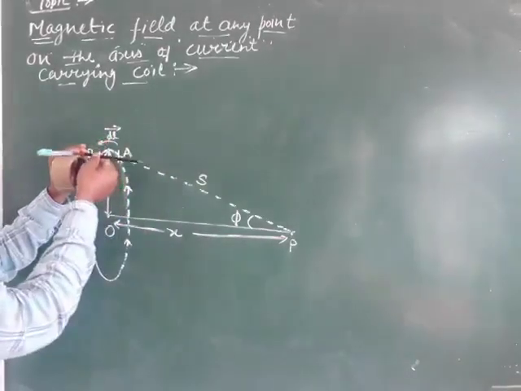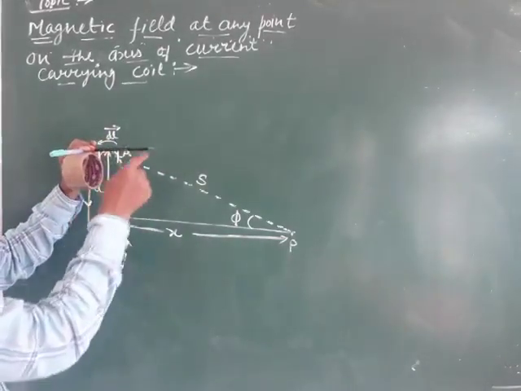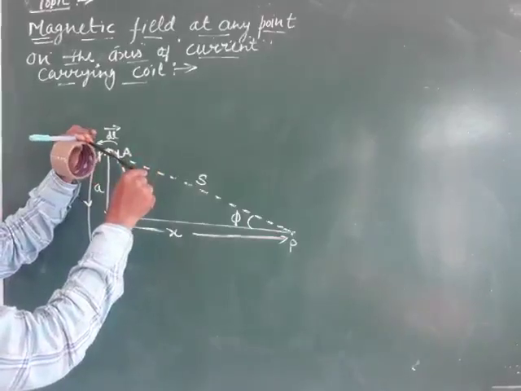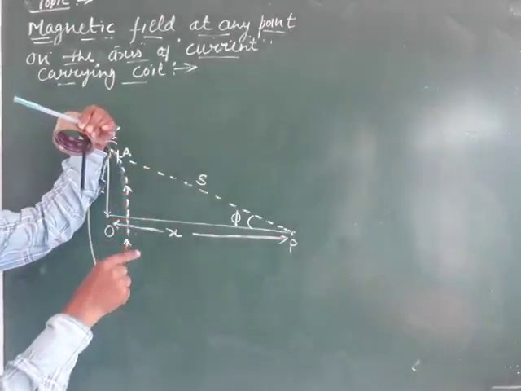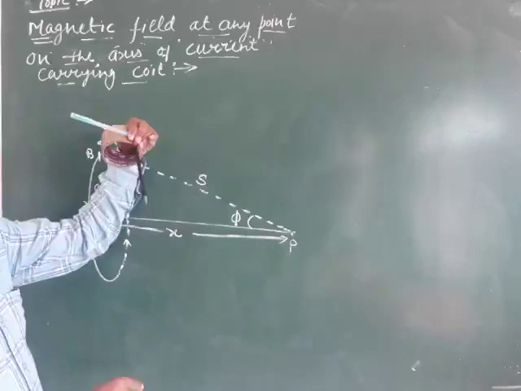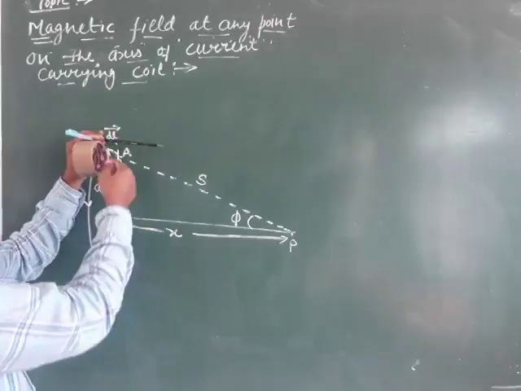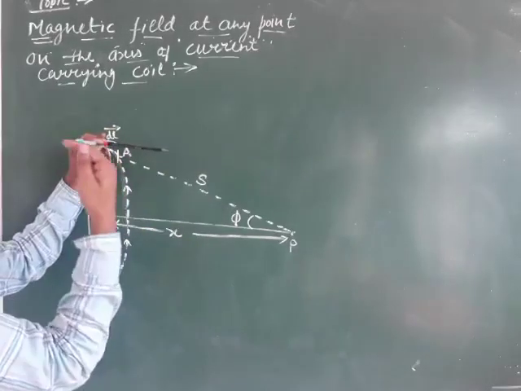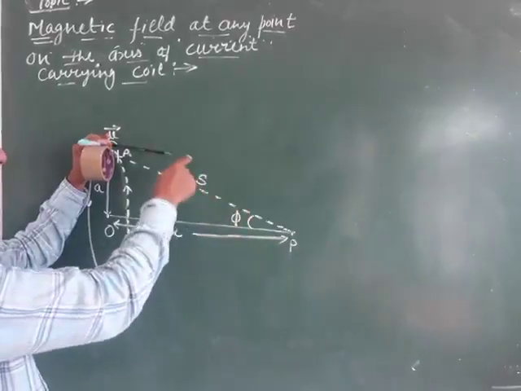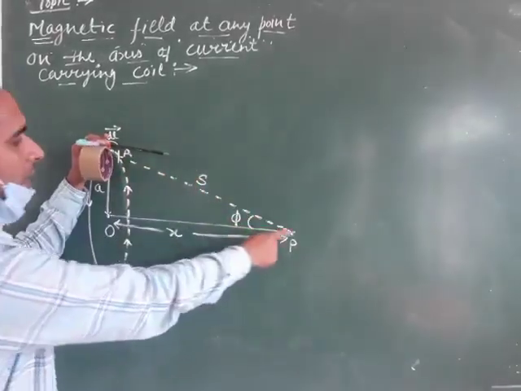So if we do like this, then the angle is 90 degrees. If I make it like this, you will observe the angle between this current element and this is also 90 degrees. See here, the current element direction is outward, and I have taken the point P here.